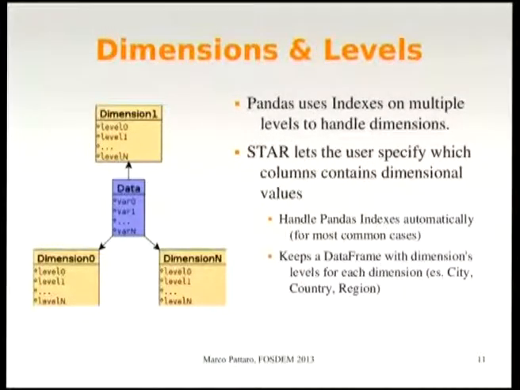It's a typical star structure in which data are in the center, and dimensions, definitions, and levels are linked together in a star shape. Typically, this is used for aggregation operations and to change level. The typical case is city, country, and region, which can be easily switched with just one function call.